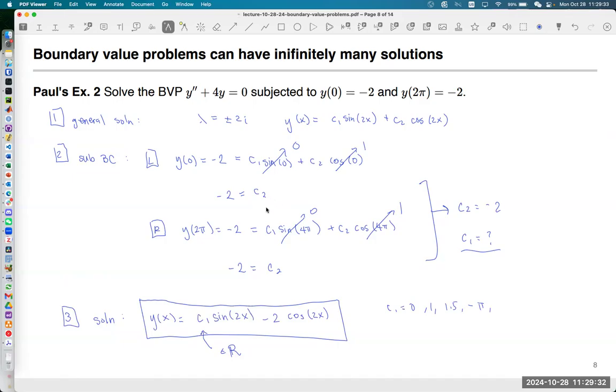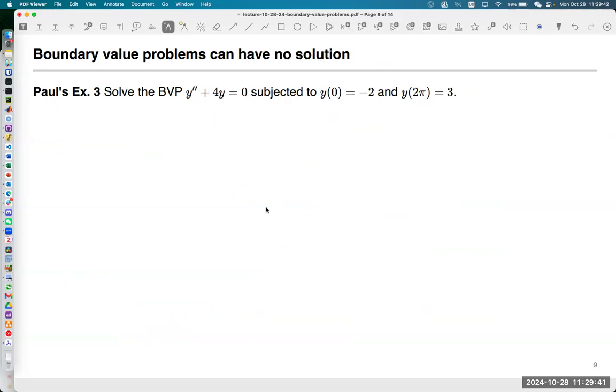Any questions? Okay, so far we have seen we have one unique solution, infinitely many solutions, and as you could expect, we could also have no solution. So let's try with the same ODE, but another different boundary values. So we have first the general solution, which we already know, which is C1 sine of 2x plus C2 cosine of 2x.